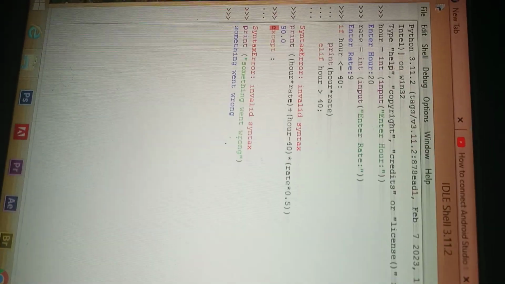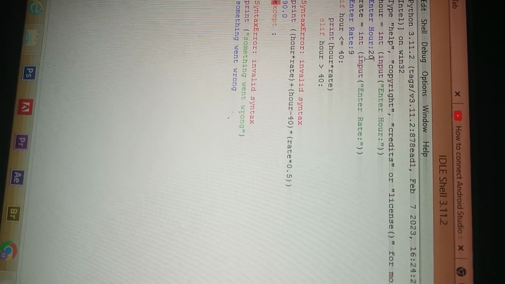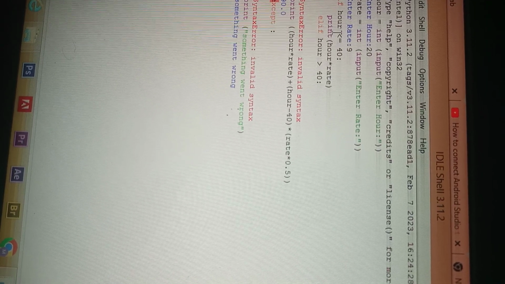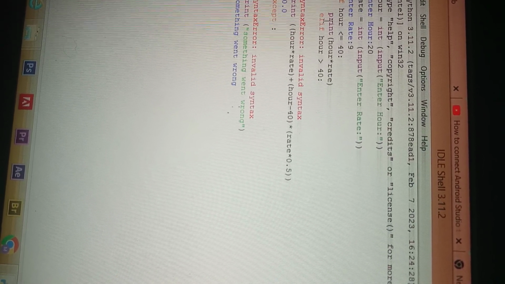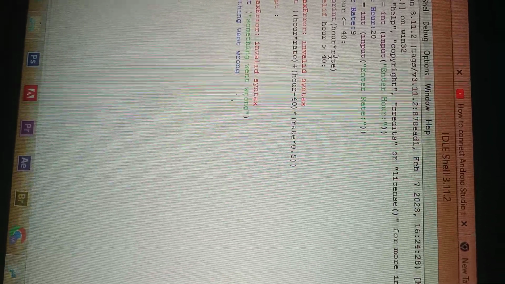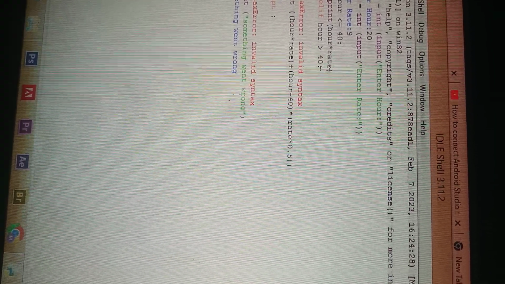Number 3, whereby hour 20, as the question says, and the rate is 9, and if the hour is less than or equal to 40, it will print the hour multiplied by rate.